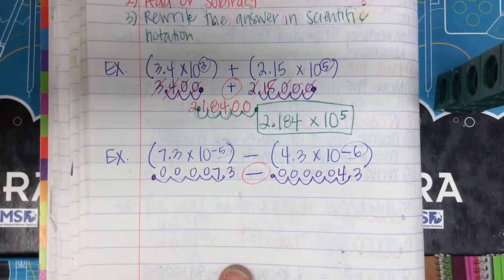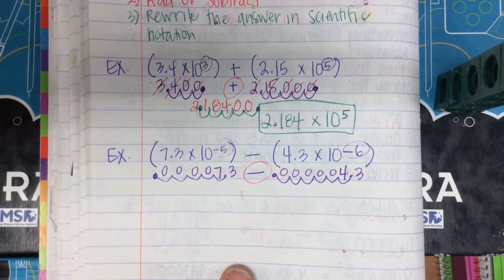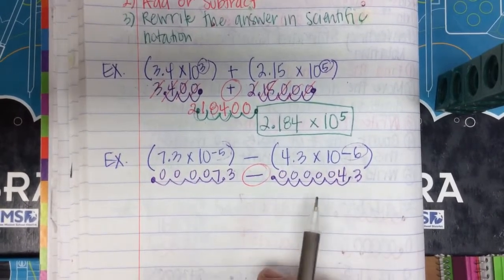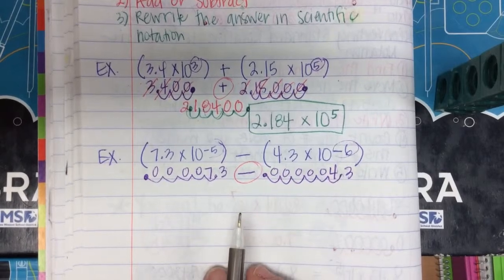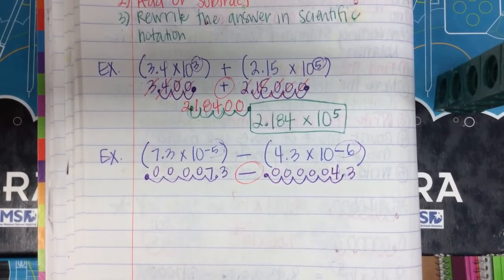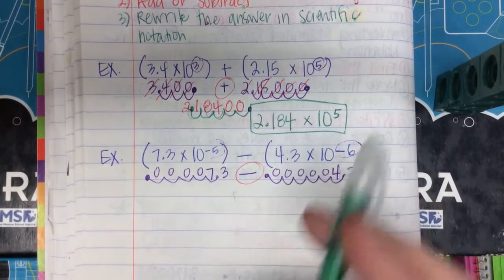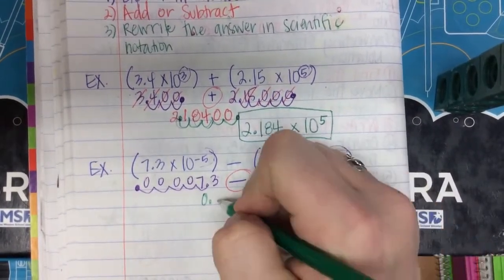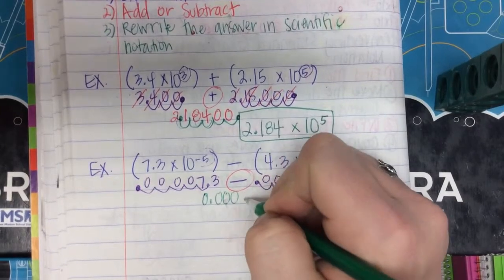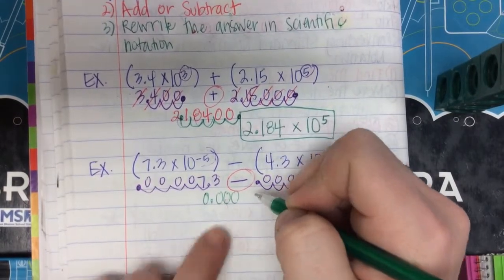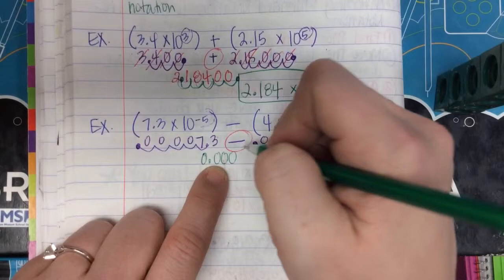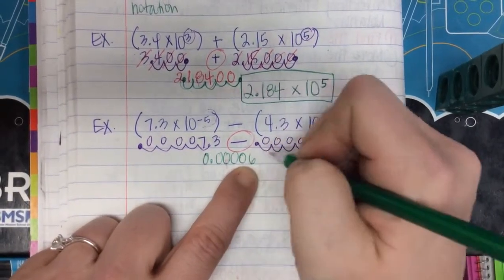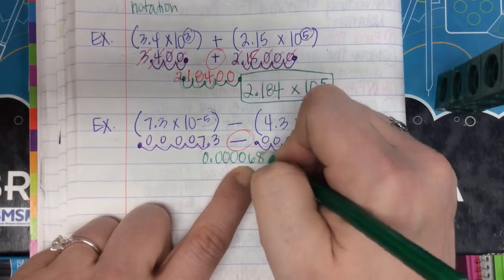I would use a calculator for this one. I mean, we could not use a calculator, but why not? Triana, what'd you get? Yep. So 0.0 How many zeros after the decimal? 4 zeros, then what? 6 what? 8, 7.